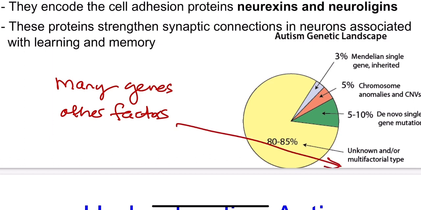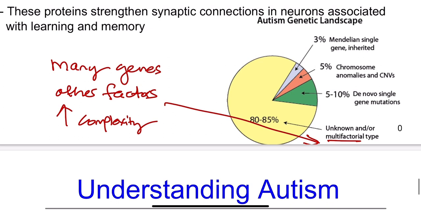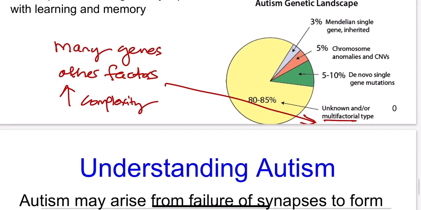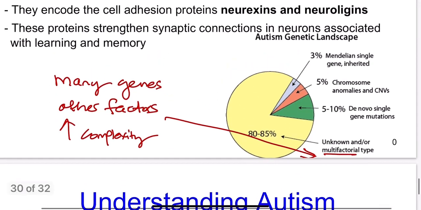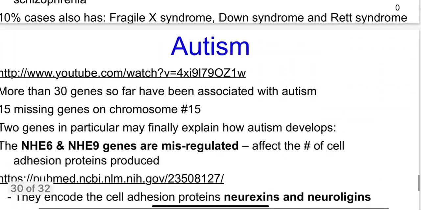And therefore, we've defined that as multifactorial. And so that makes it very complex. It increases the complexity of any disease or disorder. So the fact that there are so many genes involved, of course, just increases the complexity of this disorder. And that's why we see such variation among individuals that have autism.